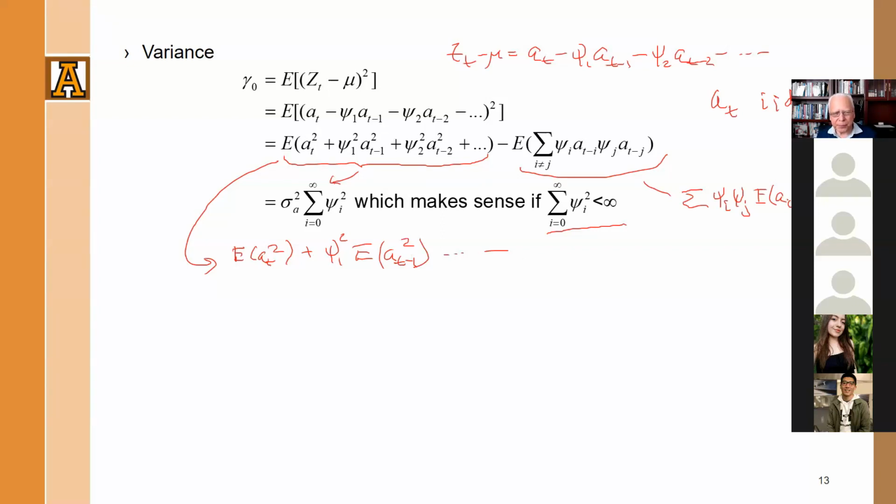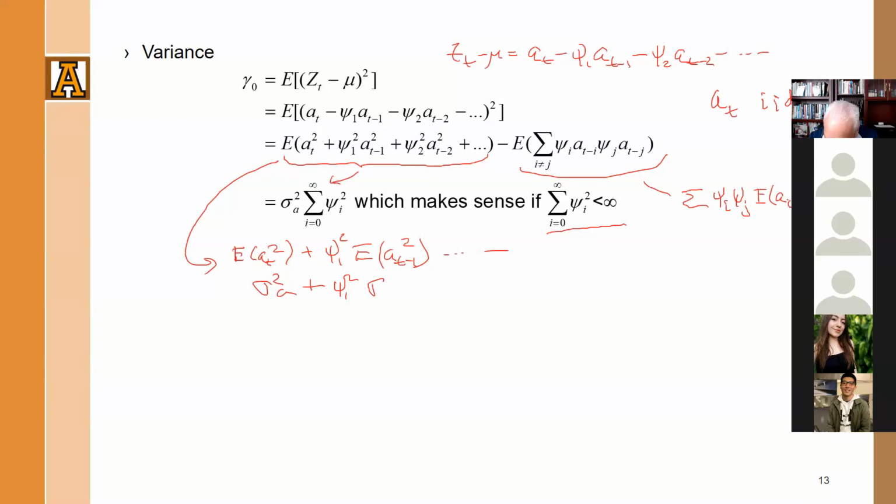How much is that? What's the expected value of a_t squared? 0, no? No. The expected value of a_t squared is its variance. Because that's the expected value of a_t minus its mean, which is 0, squared. That's the variance. So this is sigma squared plus psi 1 squared sigma squared, because the expected value of a_{t-1} squared is also sigma squared. We assume that the variance is constant.